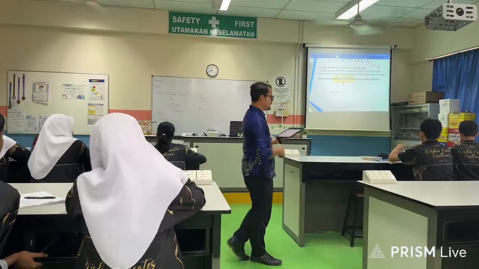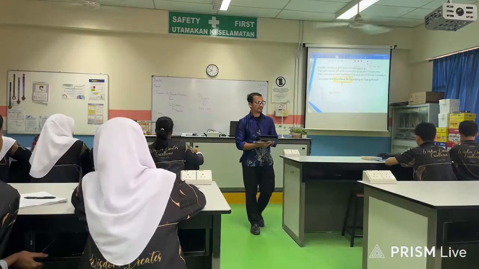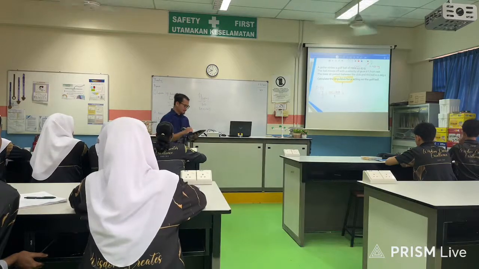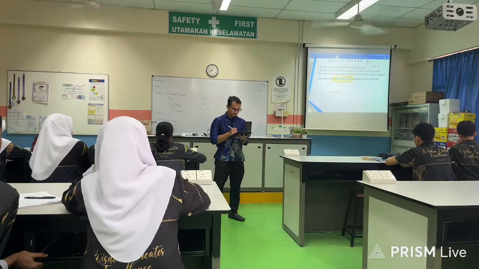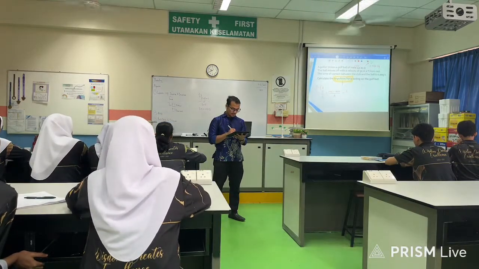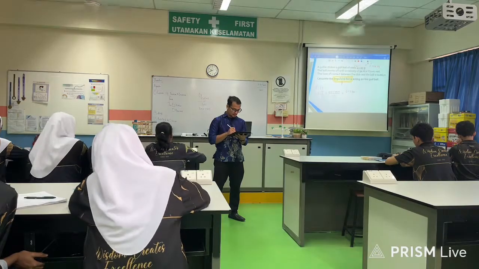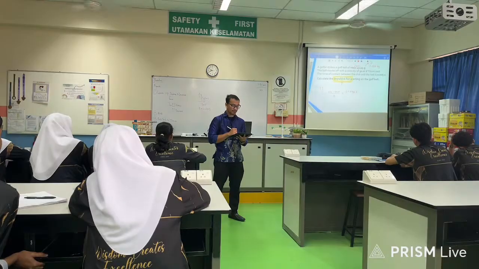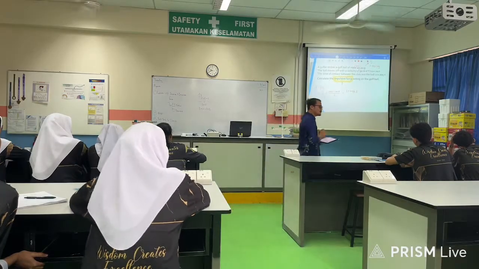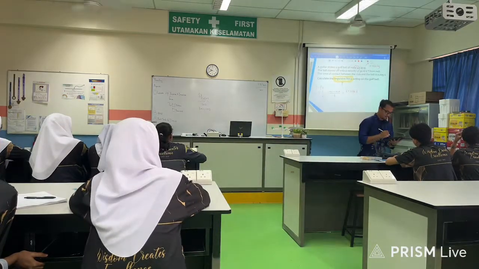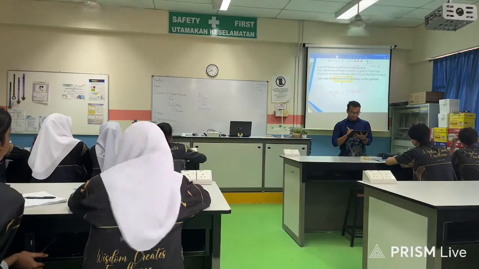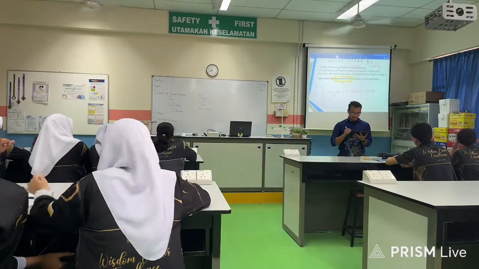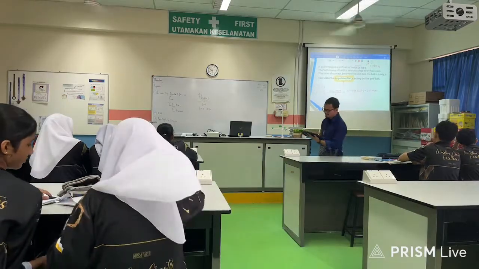And then the velocity, is it in SI unit? Yes, meter per second. So we don't have to convert any longer. So m is 0.046, and then the final velocity. What is the value for final velocity? 50. And then minus m, which is 0.046, times the initial velocity.